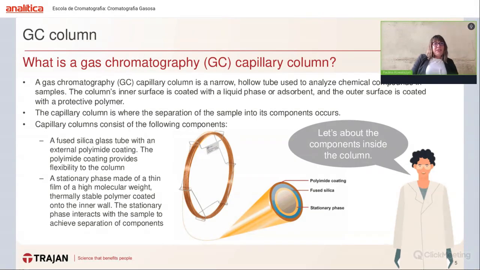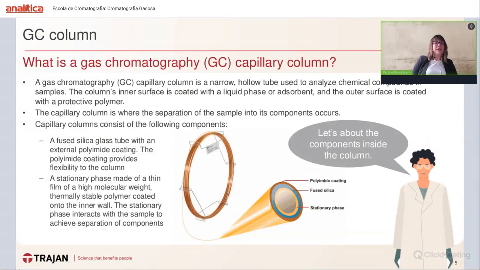So what is the GC column? In short words, it's a very, very long tube, glass tube, fused silica, which is covered from the outside with polyimide coating. And this coating is providing the flexibility for our columns. Otherwise, without this coating, our columns would be constantly breaking because they are made of glass.